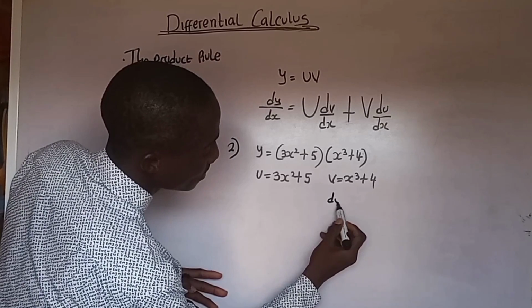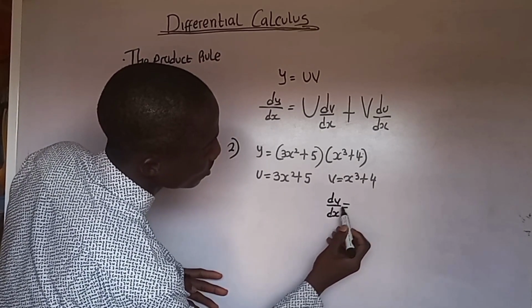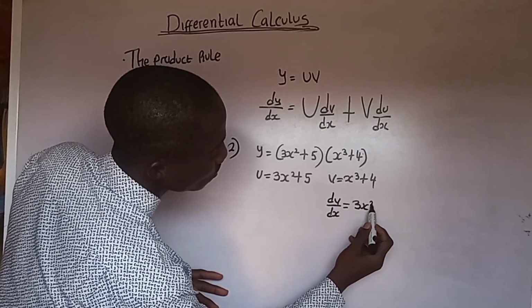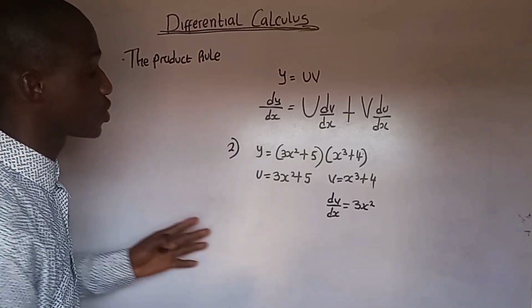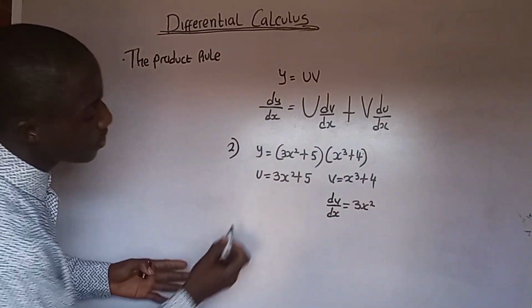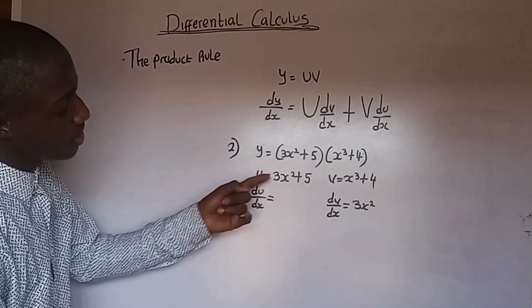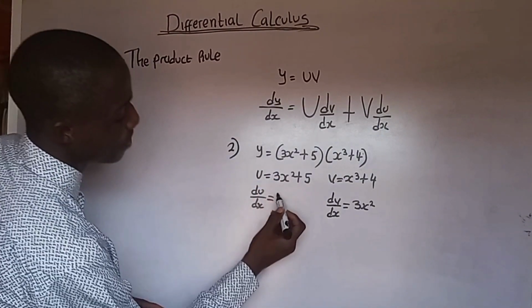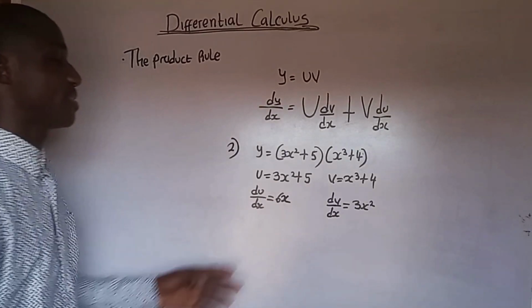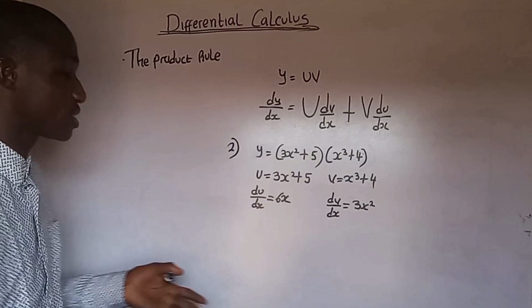So let us have dv over dx is equal to 3x raised to the power of 2; differentiate a constant, we give 0. So let us find du over dx. du over dx is equal to differentiate 3x squared, we are going to have 6x. Differentiate a constant, the constant is going to turn to 0.